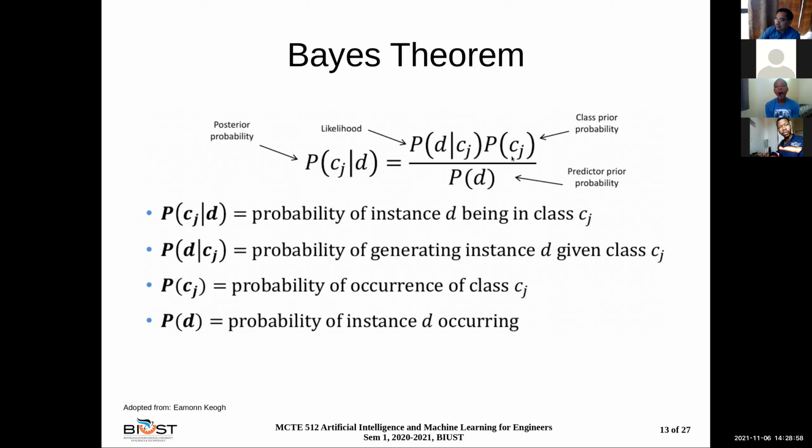So the probability of the particular class, the probability of the crocodile, for example, or the alligator. Probability of the crocodile, given that if this is a crocodile, then it has a dimension D. That is the database that we know of. And then the predictor prior probability, which is the probability of the dimension.